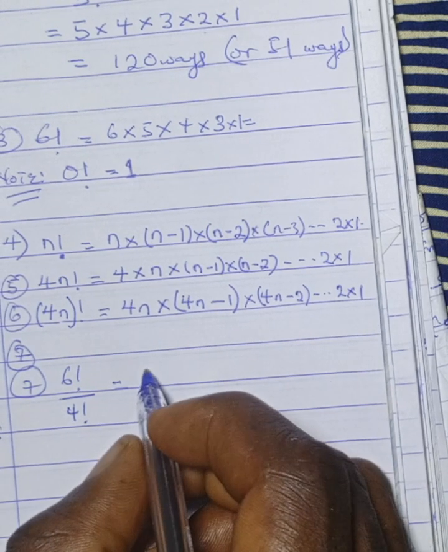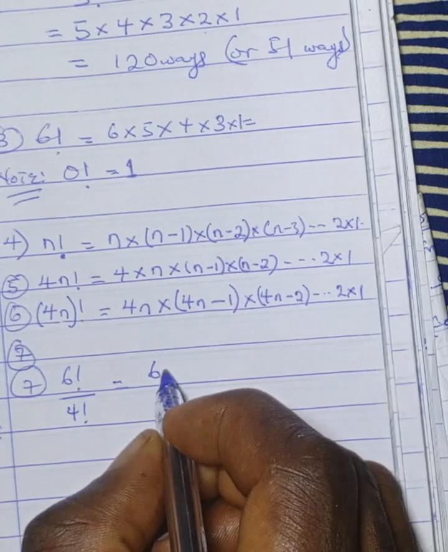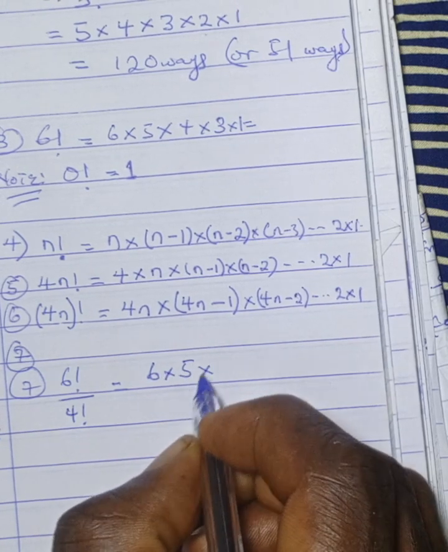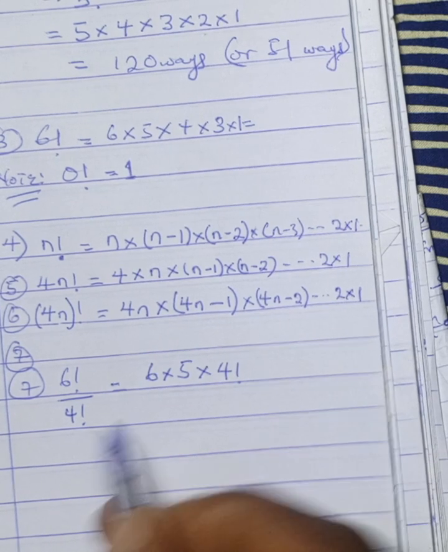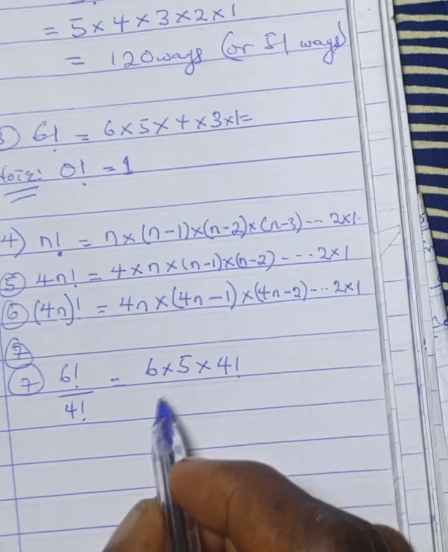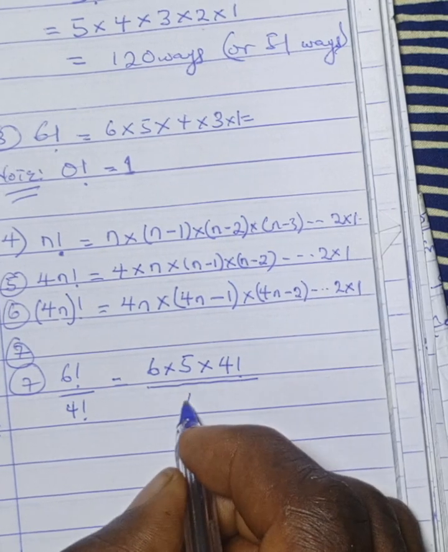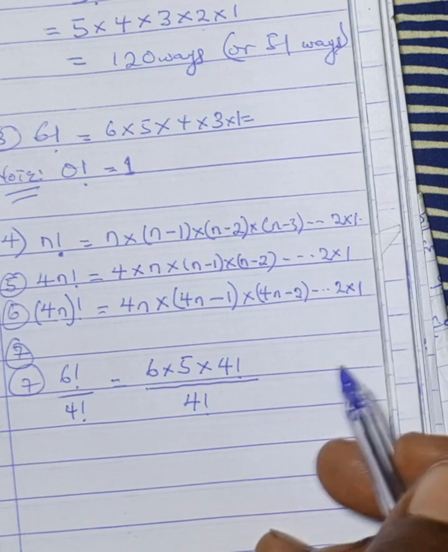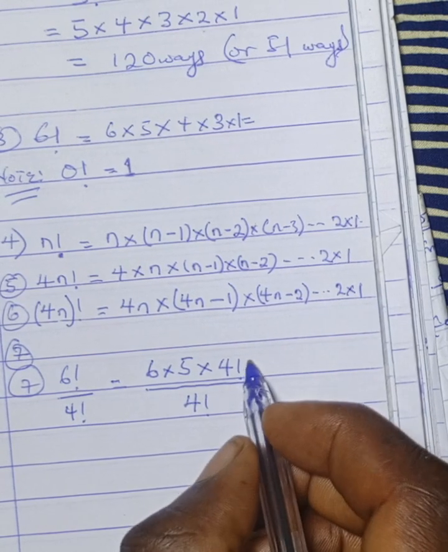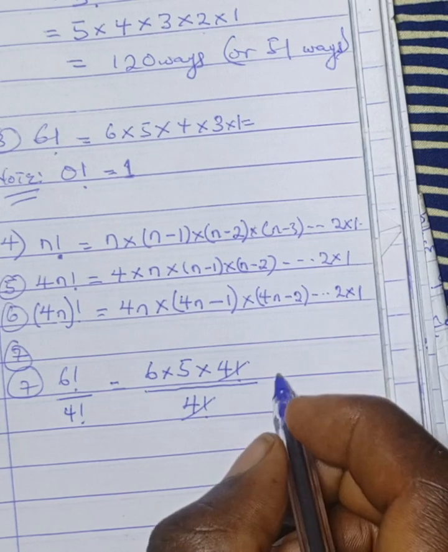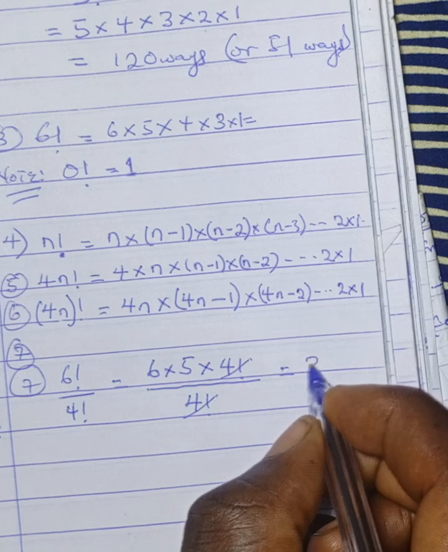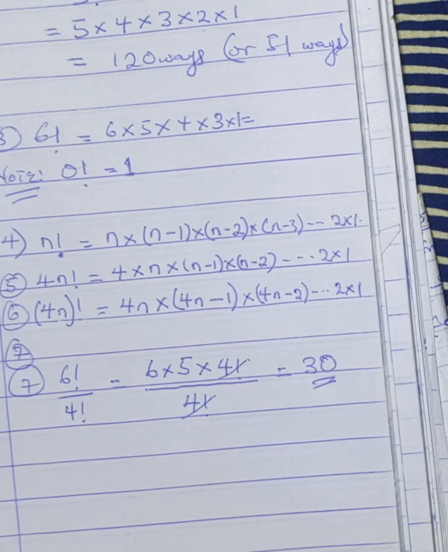We reduce that to 6 times 5 times 4 factorial. Now we've gotten to the smallest one. So reduce the biggest one and leave the smallest one. Yes, you can reduce and cancel out, but you are wasting time. So simple. Our answer is 30. You see? That's how you do it.